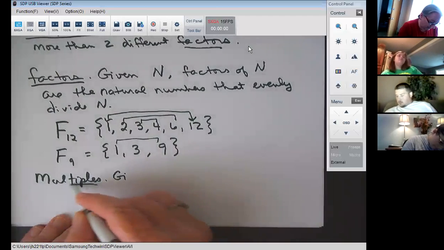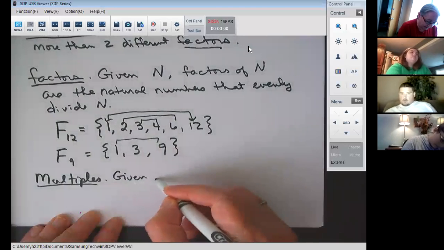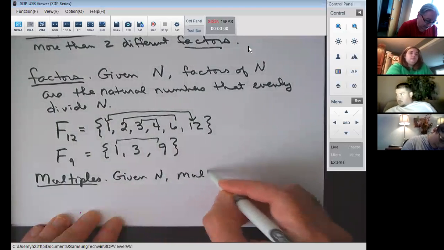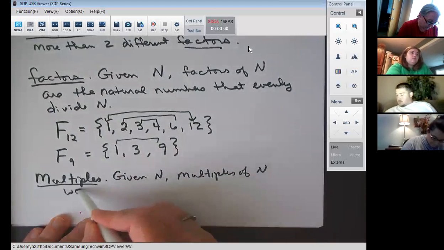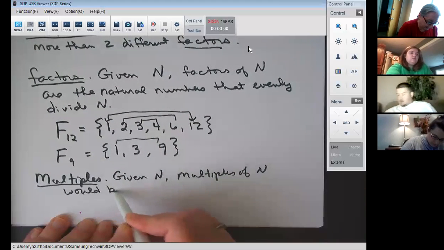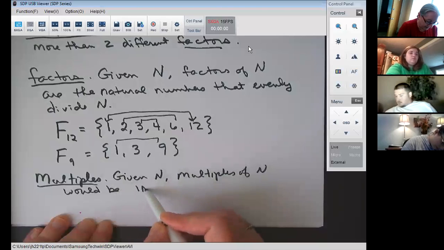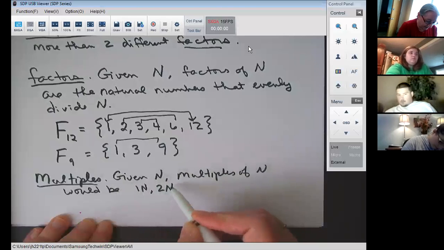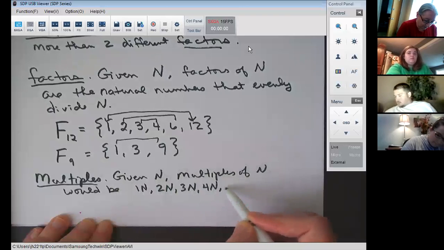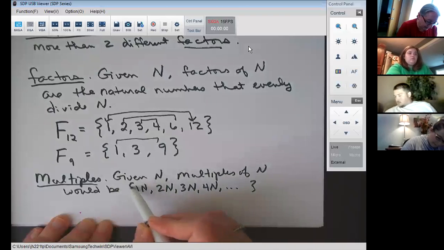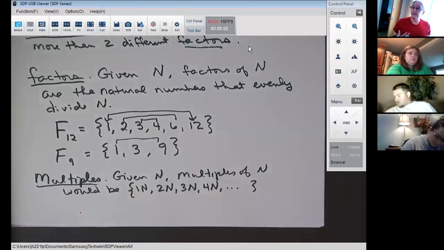So we'll say given n, multiples of n would be 1 times n, 2 times n, 3 times n, 4 times n, and so on. And multiples then become an infinite list.